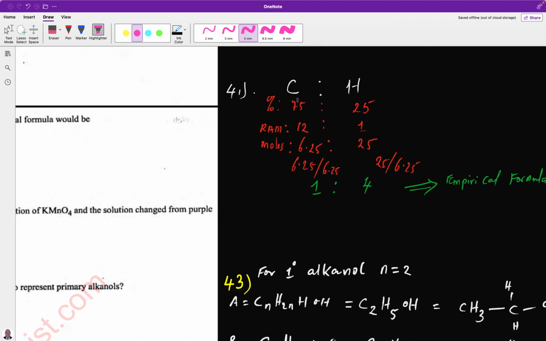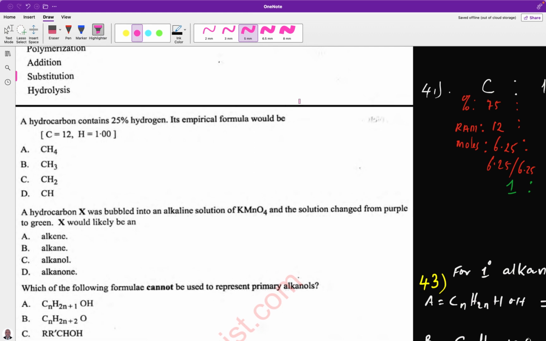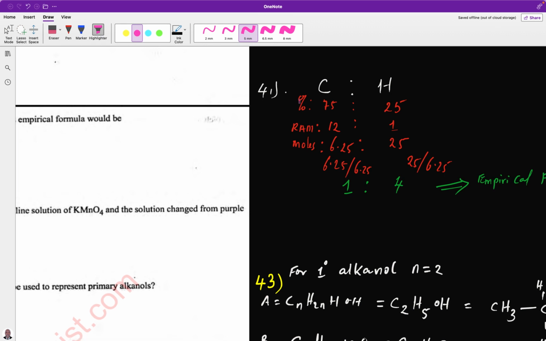It will be the carbon. We have been given the relative atomic masses: carbon is 12 and hydrogen is 1. To get the number of moles, we divide 75 by 12 and we have 6.25.